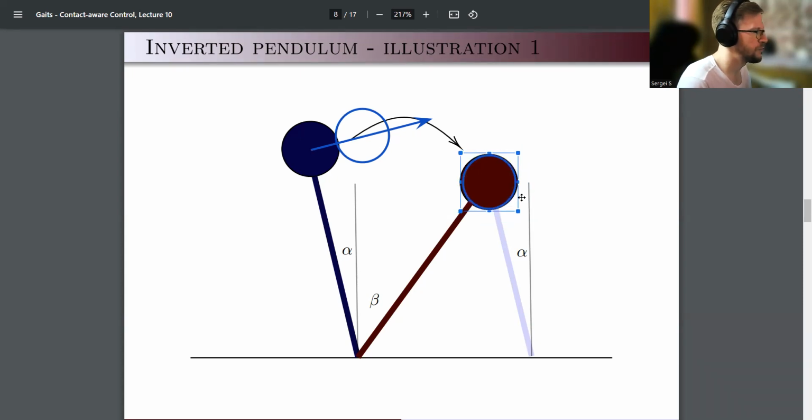At this point, potential energy will be low, maybe lower than in the beginning. It depends on the beta angle, right? If the beta angle is bigger than alpha, then potential energy would have decreased more, right?